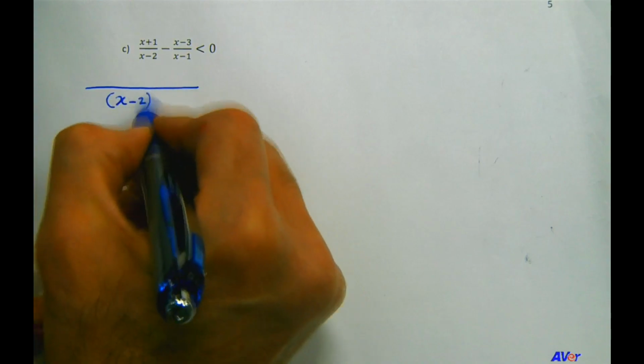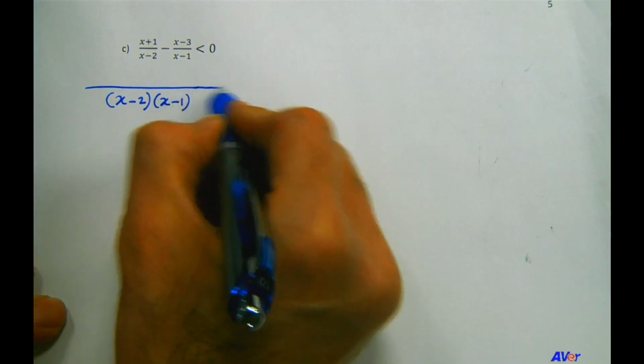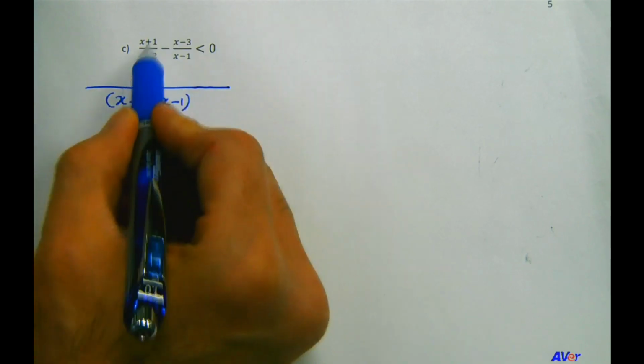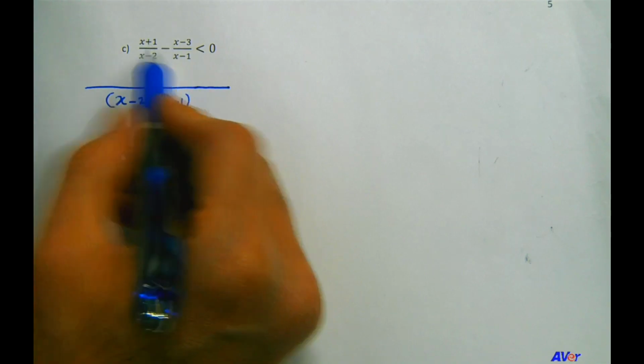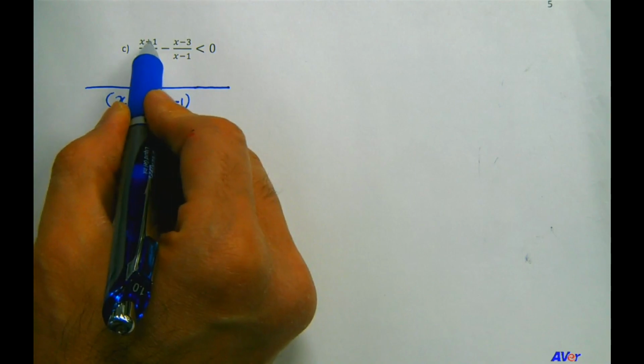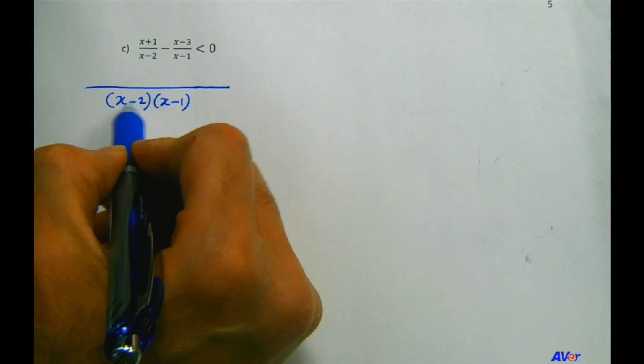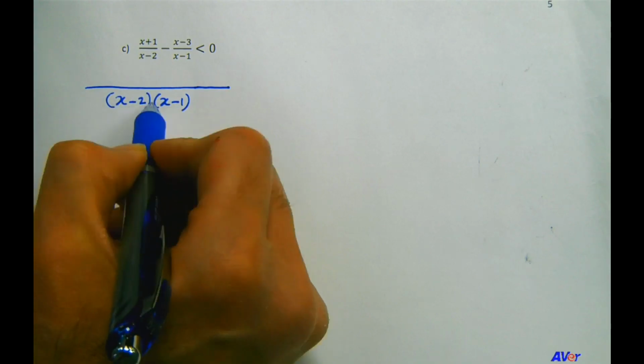The common denominator here would be x minus 2 times x minus 1.